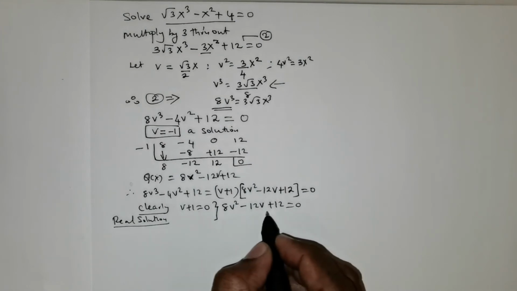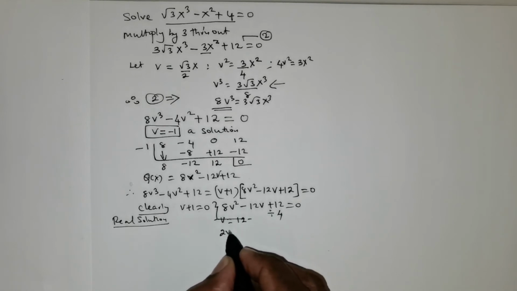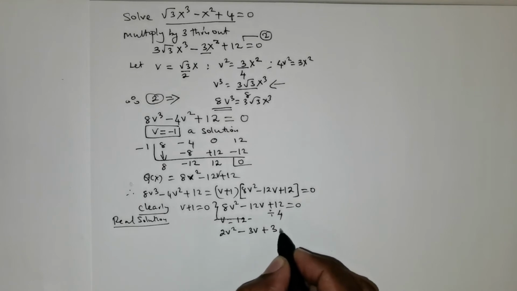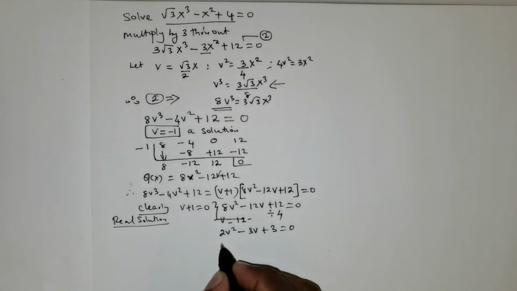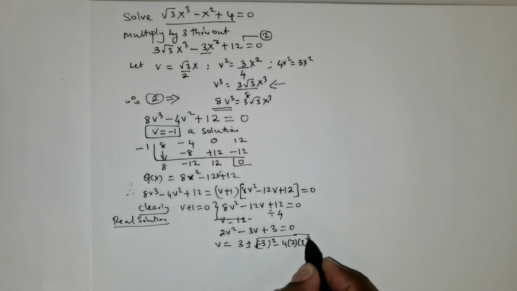Now we are expected to solve this. If I were to divide by 4, this is going to be 2 times v squared negative 3v positive 3 equal to 0. So by quadratic formula, I would now have v equal to 3 plus or minus root of negative 3 whole squared negative 4 times 2 times 3 divided by 2 times 2.